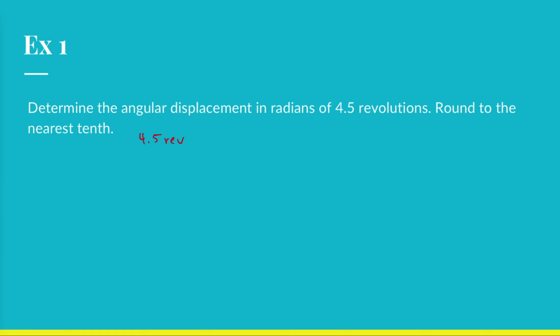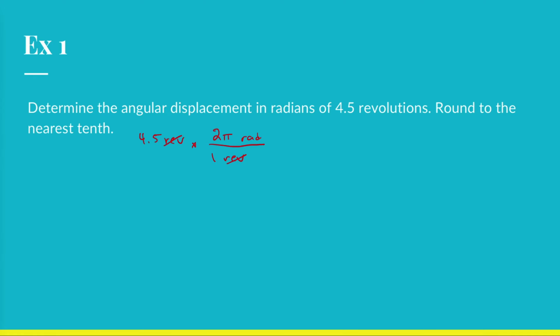So, 4.5 revolutions. We can do this dimensional analysis style. 1 revolution is 2 pi radians. One full circle is 2 pi radians.